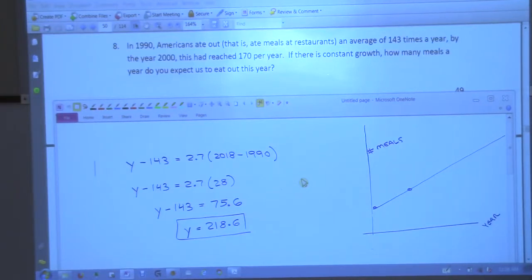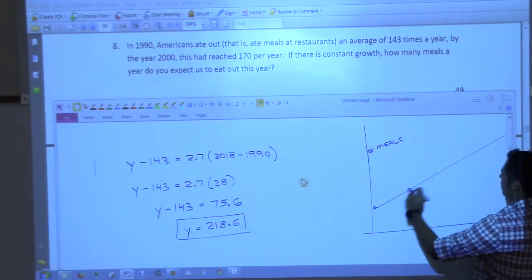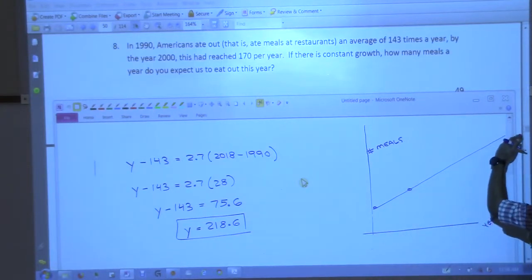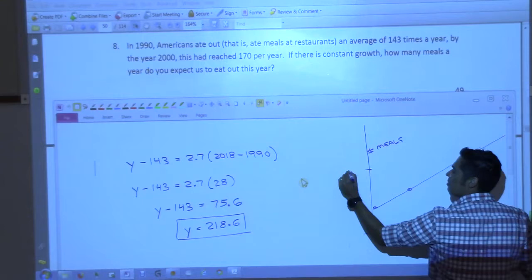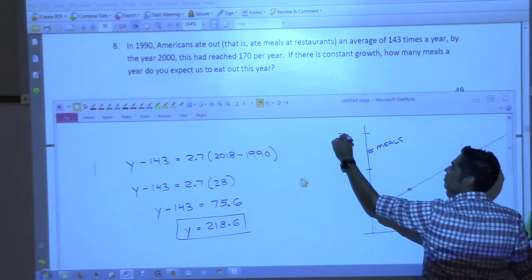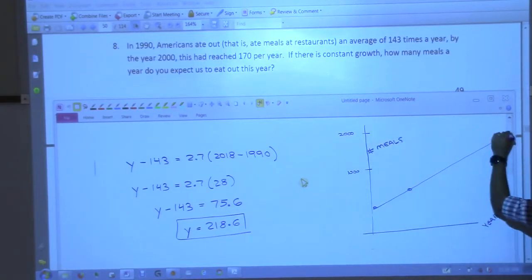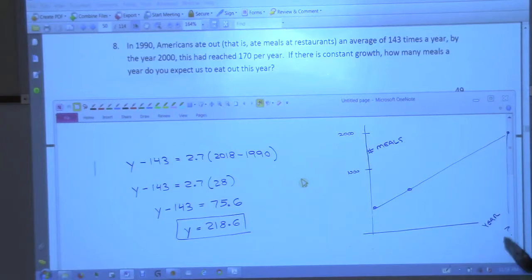Let's say you ate all 3 meals out at a restaurant every day. That's a little over 1,000 meals, the most you could possibly do, right? But because this is linear, it just continues to go up and up and up, right? So eventually, here's 1,000, and eventually you get to 2,000. In some year, I don't know where, but we get to 2,000. It wouldn't make sense, would it?